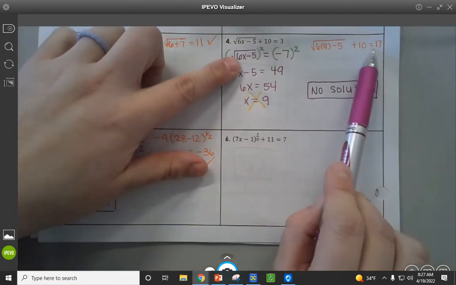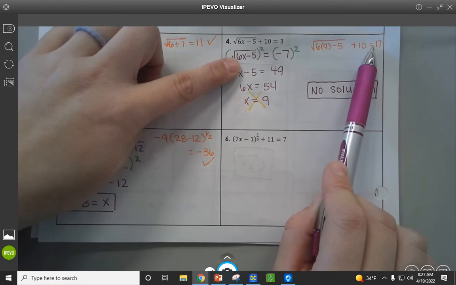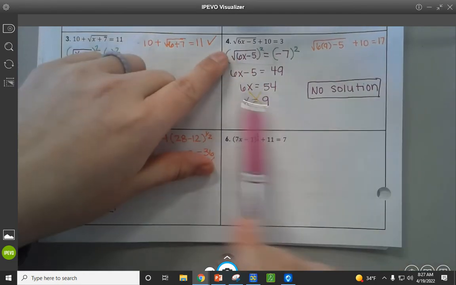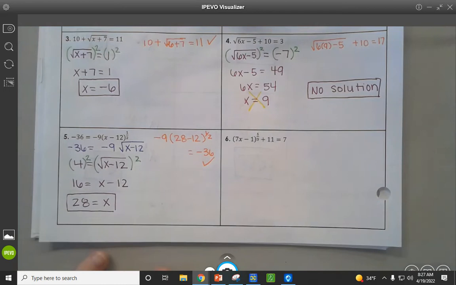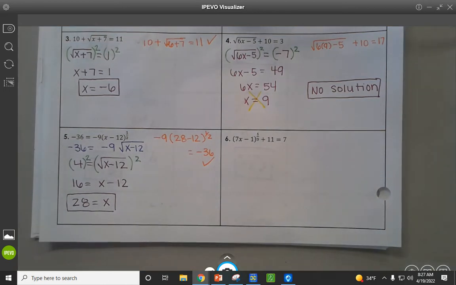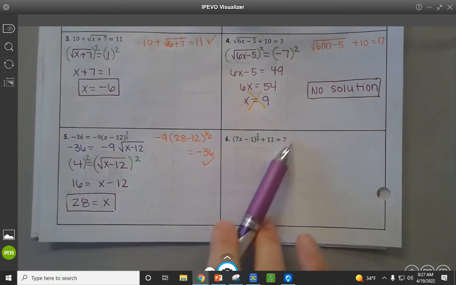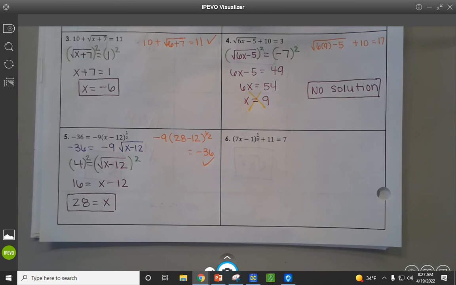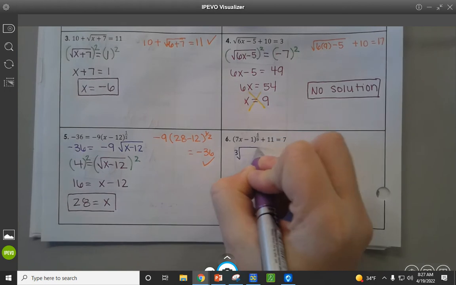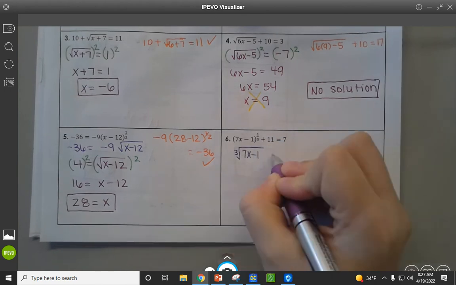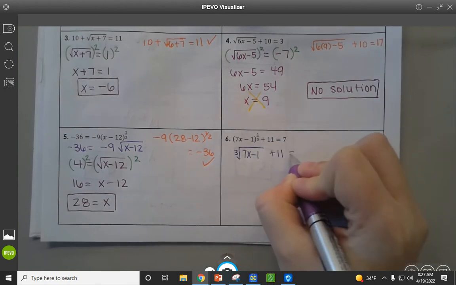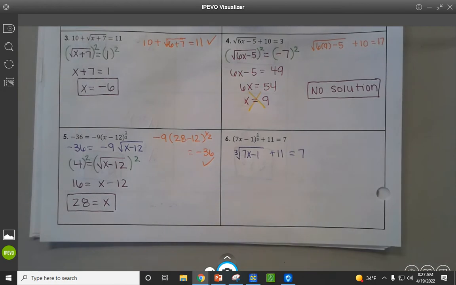Number 6. How do I write this one with a radical? Cubed root of 7x minus 1, and that plus 11 is on the outside, equals 7. We'll subtract 11, and the cubed root of 7x minus 1 equals negative 4.